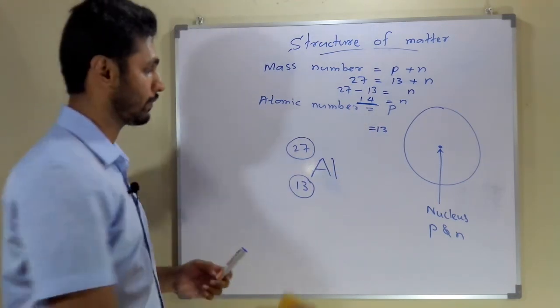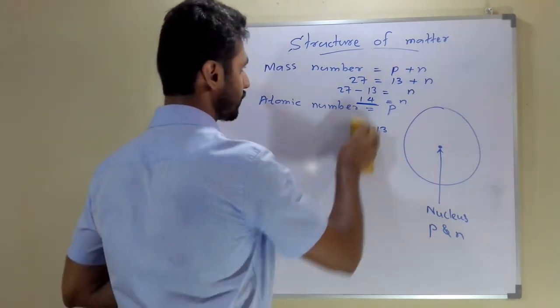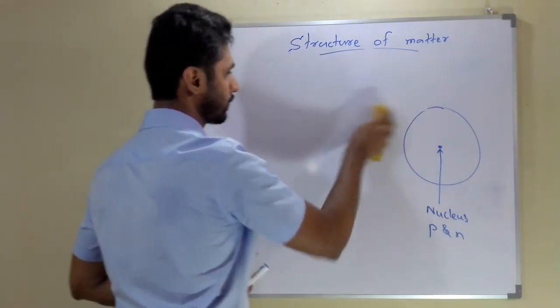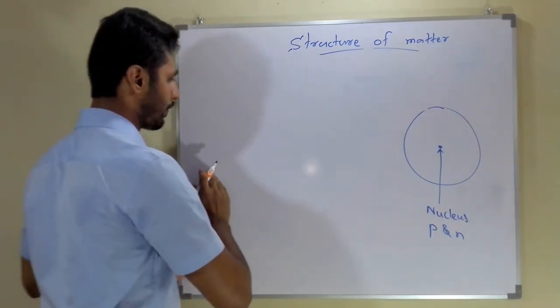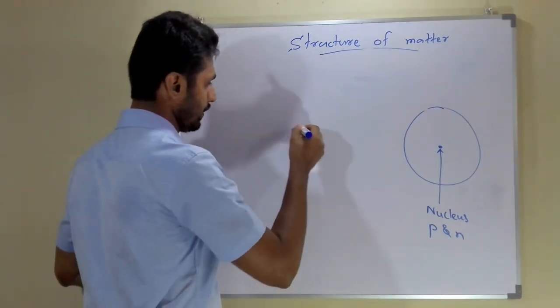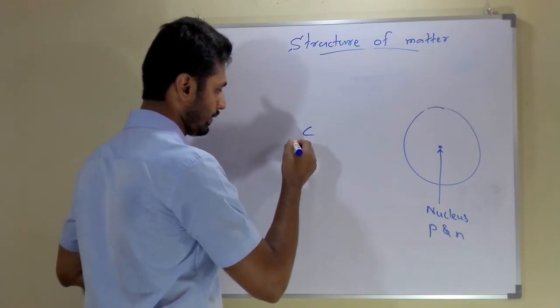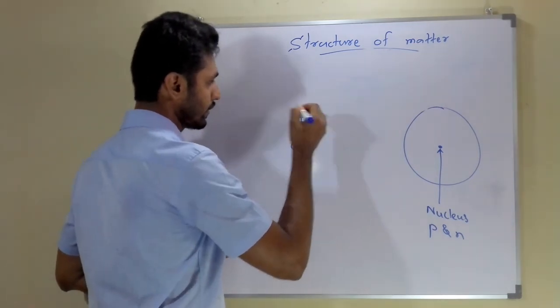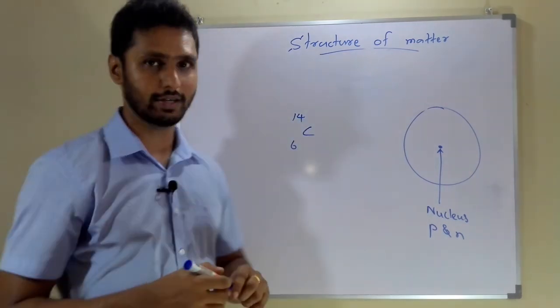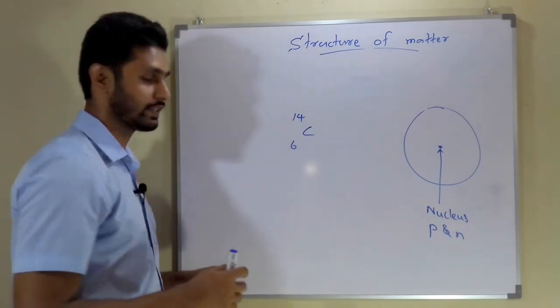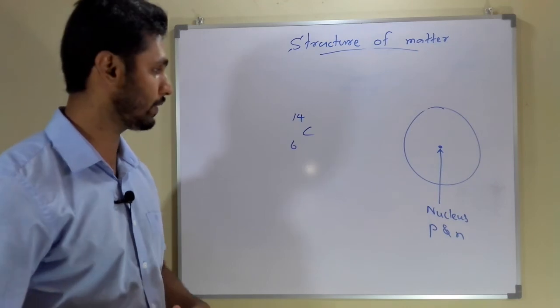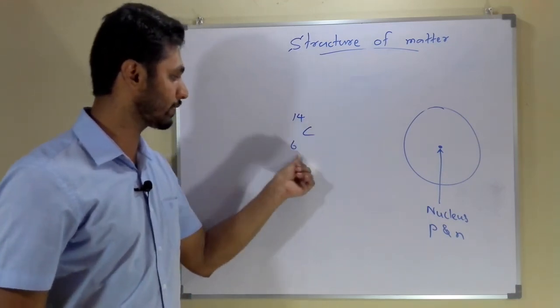Let's see another example too. Think you are provided carbon 6 14 symbol. Let's see what is the atomic number and what is the mass number. You can see this is the atomic number now.